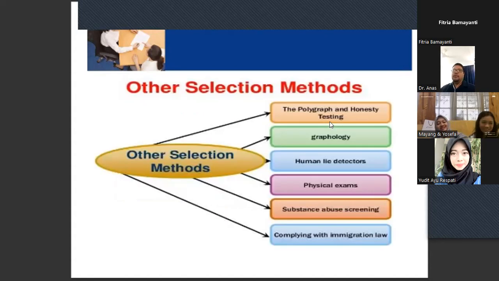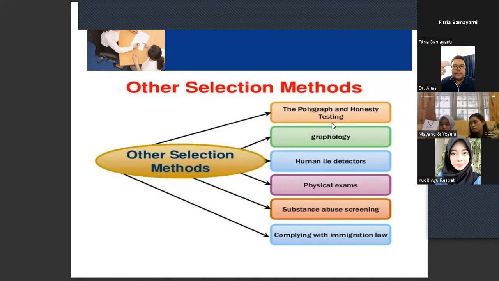So these are also our selection methods. First is polygraph and honesty testing. Some particular companies do honesty testing, like graphology and polygraph.